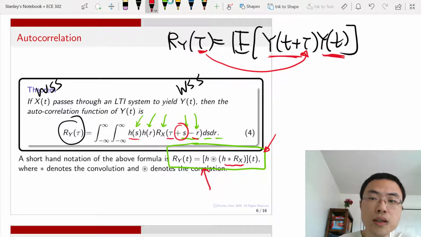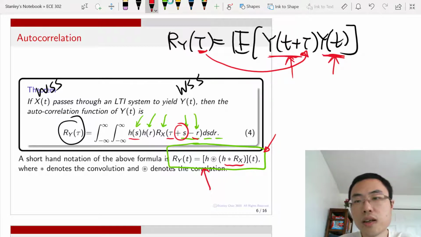Because you're looking at two functions multiplied together, it's like taking a square of those things. One h is not enough, because one h will be used to explain one y, and the other h has to be used to explain the other y. Therefore, you should expect to have this pair of h. It's no longer just h convolved with Rx.